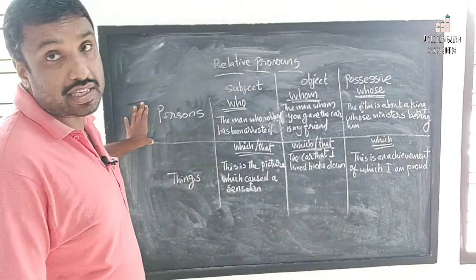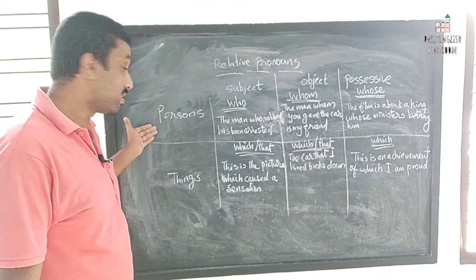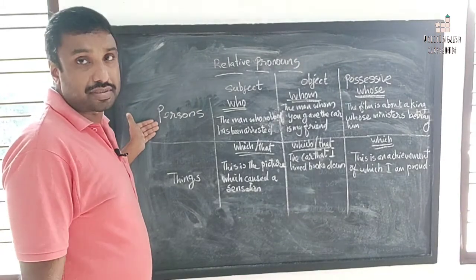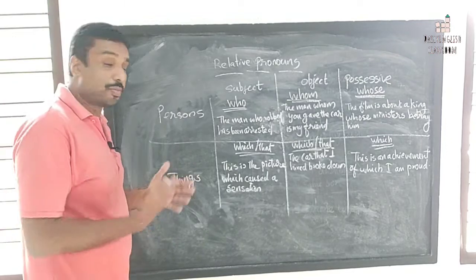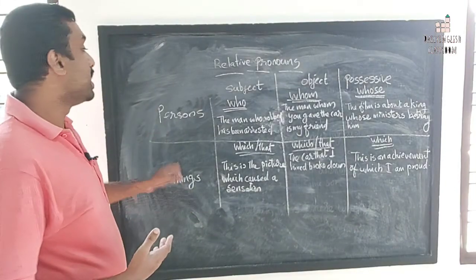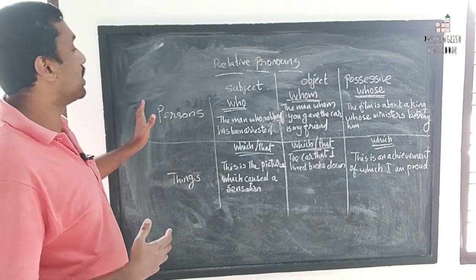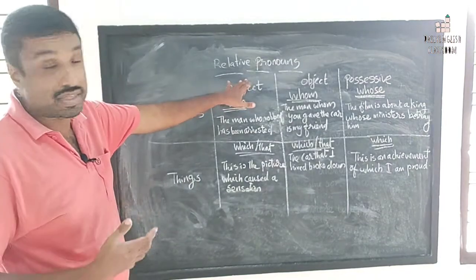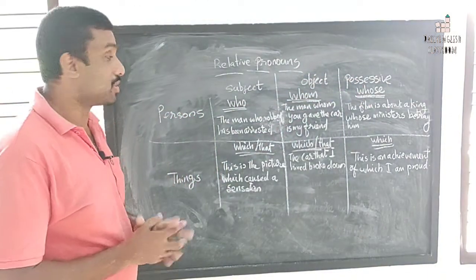So generally we can divide the relative pronouns into two types. One is related to person or a human being, and the second one is related to non-human, or we can say things. And usually when we are using a relative pronoun, sometimes as a subject, sometimes as an object, and sometimes we use it in the possessive form.